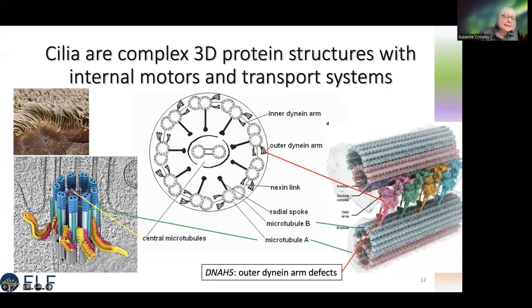And this is the cilium attaching to the cell. And this is a transport hub, which has been likened to a train station where cargo is transported for the needs of the cilium up through the cilium to the tip. So they're very complicated structures, and that's why they're so vulnerable.